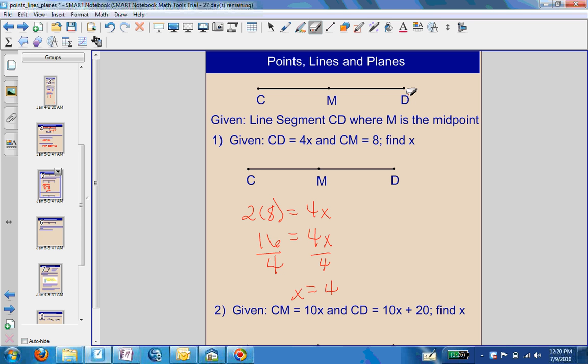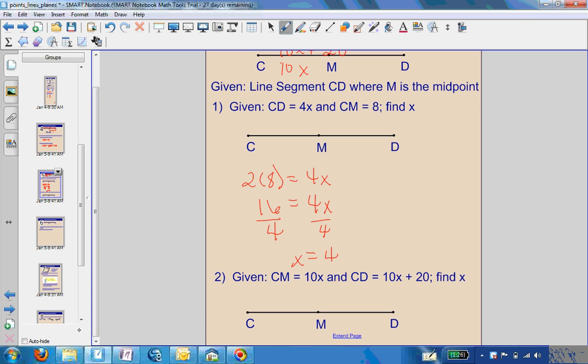In the next problem, we're told that CM is 10x and CD equals 10x plus 20. And we're asked to find x. Now we can approach this a couple of different ways.